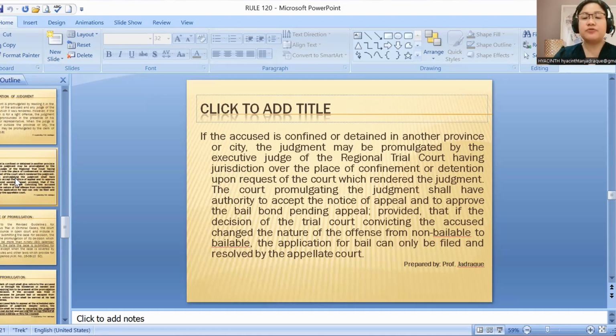If the accused is confined or detained in another province or city, the judgment may be promulgated by the executive judge of the regional trial court having jurisdiction over the place of confinement or detention upon request of the court which rendered the judgment. So in other words, the court will coordinate with the executive judge over the place.